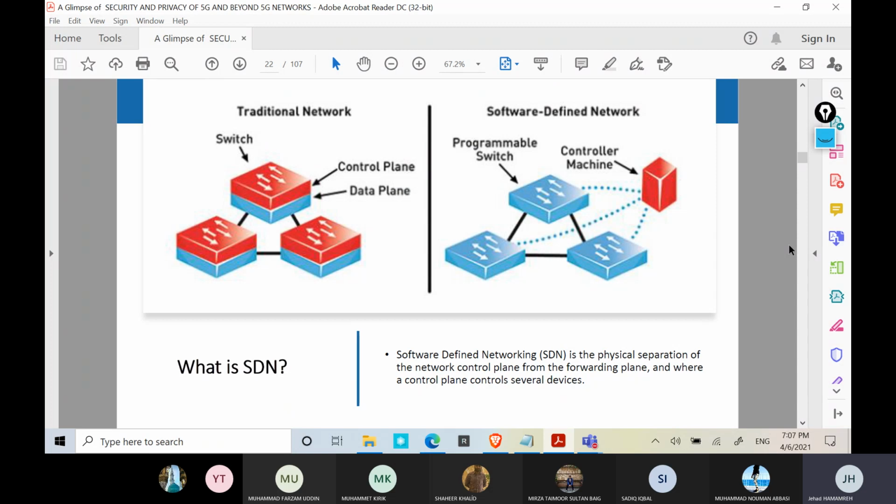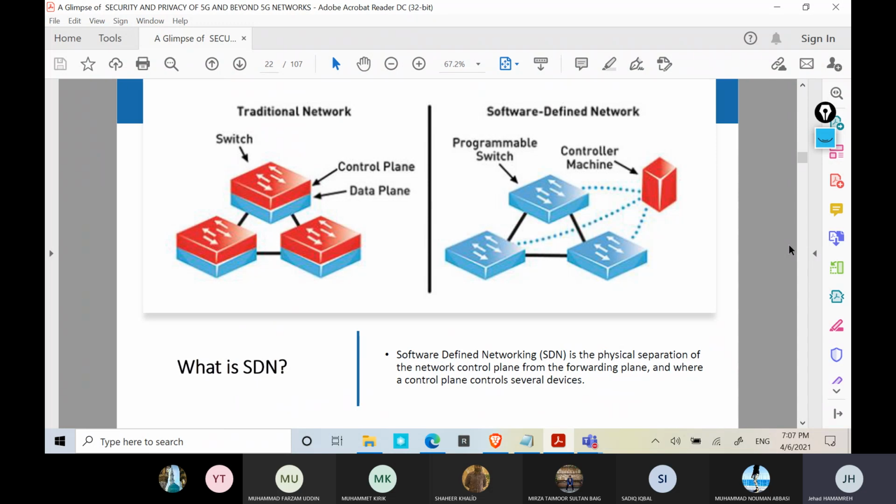Each device has its own control and its own data. Now, in software-defined networking, to reduce complexity and make the network more efficient, you take off this control plane and put it in a centralized controller. The device is left with just the data, and the control information is controlled by a centralized unit.